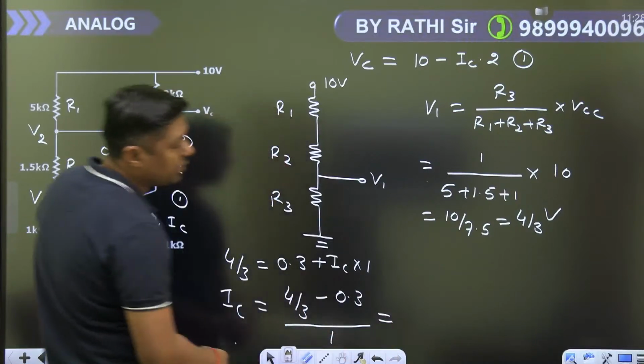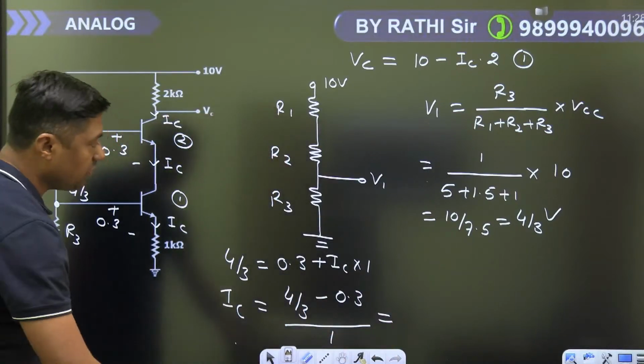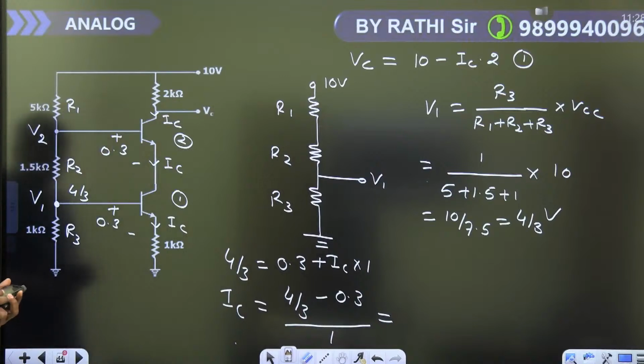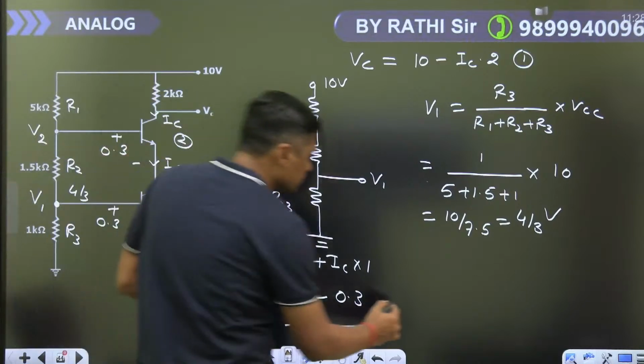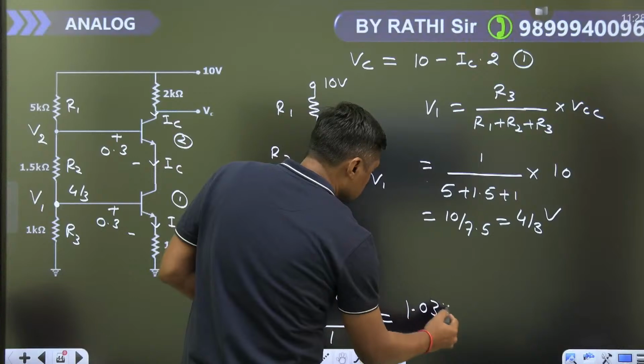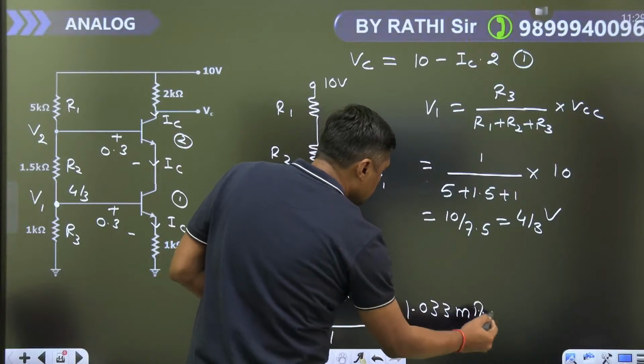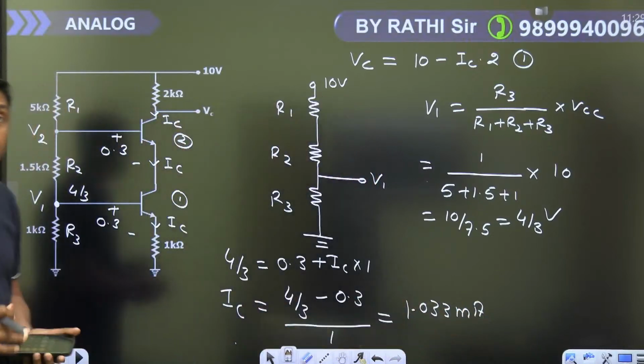Now, directly you can find. Tell me what is the answer? 1.033. This is the milliampere. This is the value of the current.